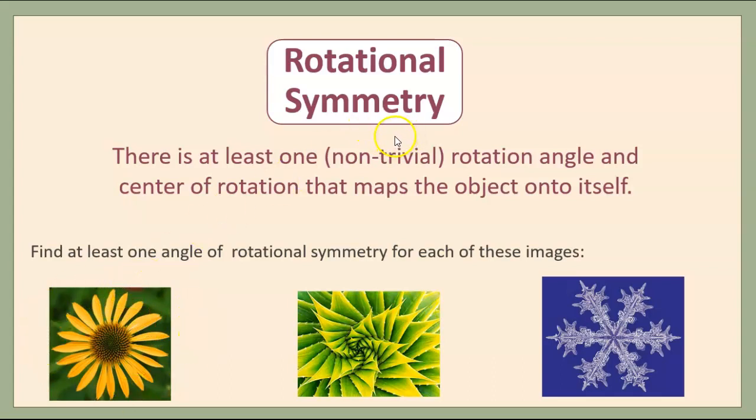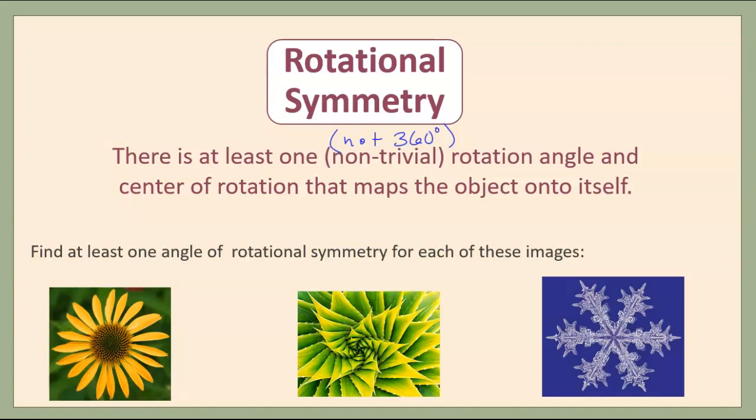So what we mean by non-trivial is not 360 degrees, because everything has rotational symmetry at 360 degrees. And if everything has rotational symmetry at 360 degrees, it's not a very useful or interesting thing to say, right? It's just a universal property of geometry that everything lands on itself when you rotate it 360 degrees.